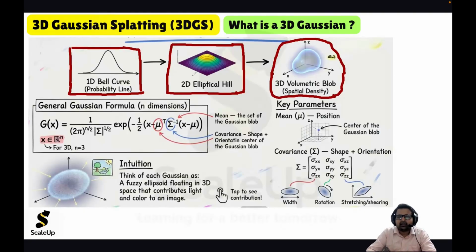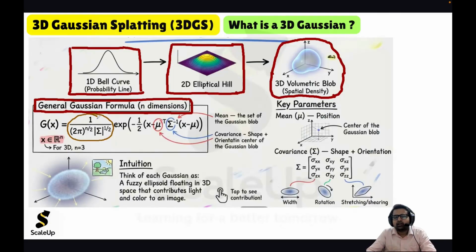Now mathematically, if we talk about the general Gaussian formula for n dimensions, we have this term, that is 1 upon 2 pi to the power of n by 2, times sigma, which is the covariance matrix, so the root of the covariance matrix.